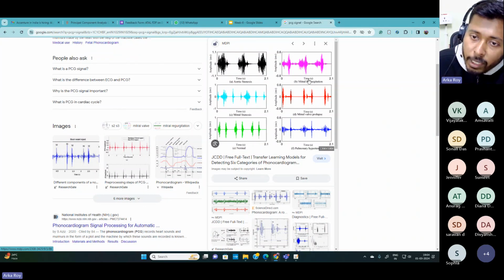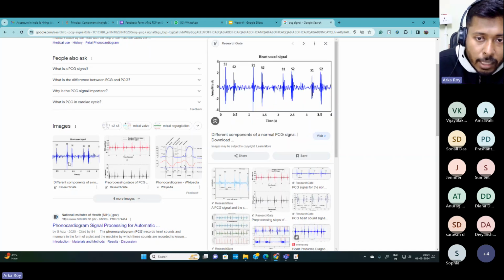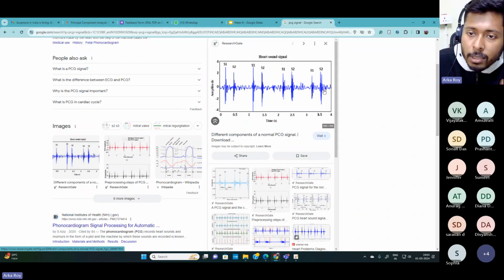Now you have trained your model using this particular data set where the normal signal is very clean. In between these two peaks, there is nothing. Now at test time, let's say this particular data comes. Your model was giving 100% accuracy at the time of training.